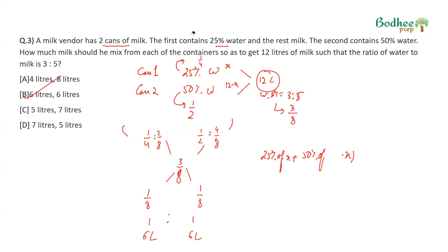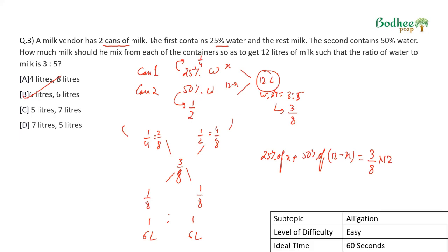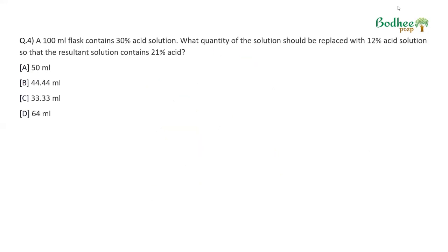This should be equal to total water. Total water will be 3/8 of 12 liters. From here also we can solve for X to get the answer as 6 and 6. Easy question, should not take more than a minute to solve, and therefore in the exam or a test this question should be attempted.